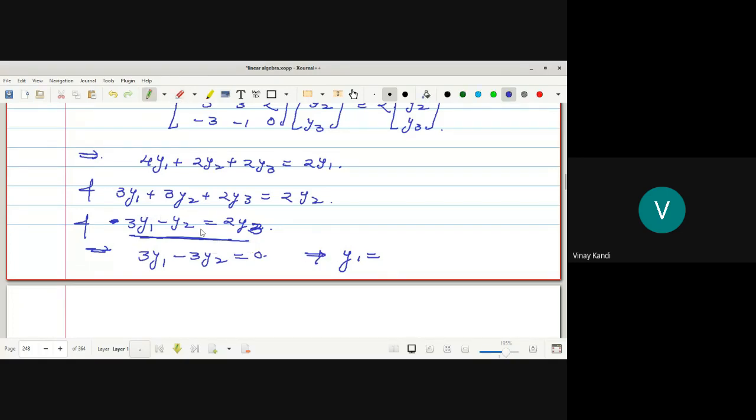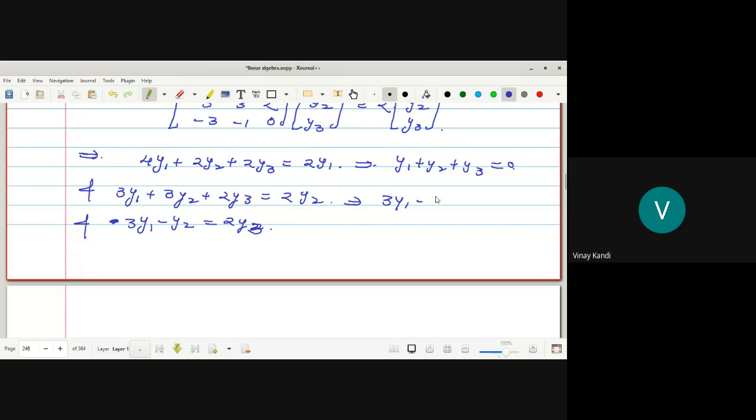Now this implies 2y1: 4 minus 2 is 2, plus 2y2 plus 2y3 is equal to 0. That means y1 plus y2 plus y3 is equal to 0. From this one, 3y1, 3 minus 2 is 1, y2 plus 2y3 is equal to 0.